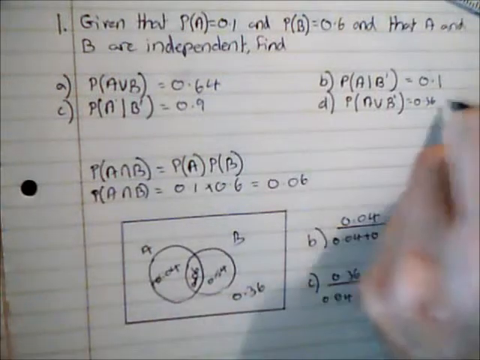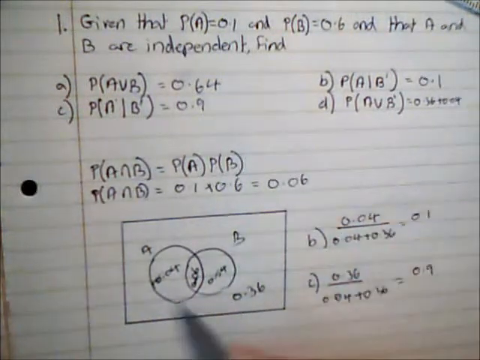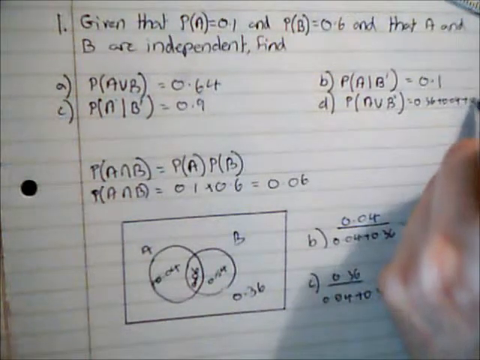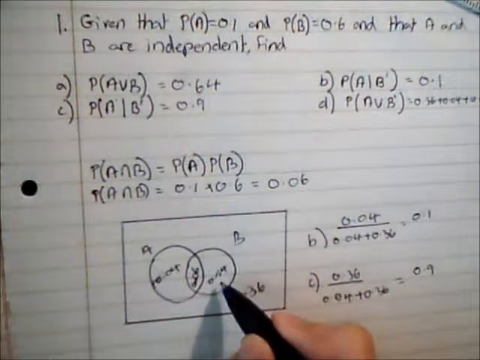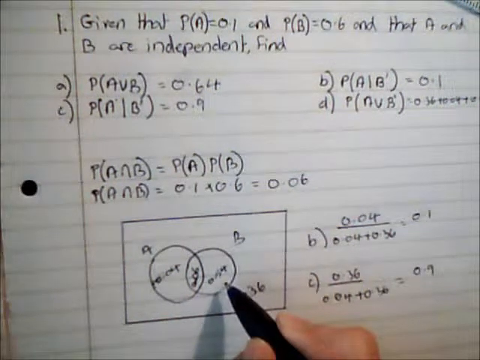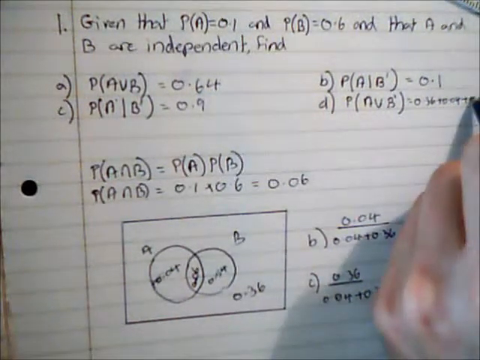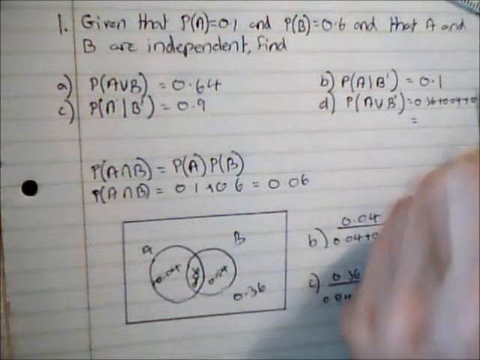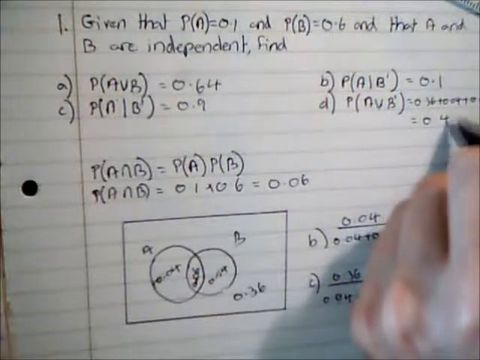Yep, because that's in A. Can we include this? We can, because that's in A. Can we include this? Well, it's not in A and it's in B, so no, we can't include that. So if I add these three probabilities together, I've got here 0.46.